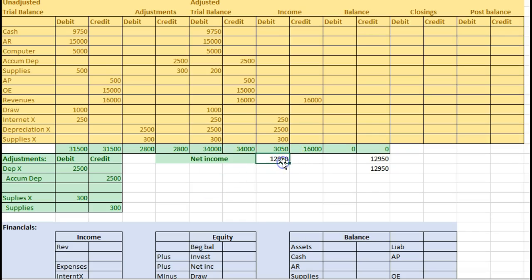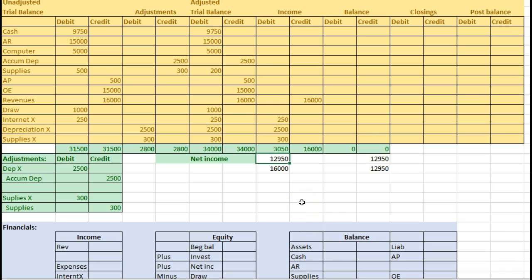This is our net income, and that should equal $16,000 if it is correct. Let me pull this here. Let's make sure we're correct. Oh, it does. So now we balance here, and we have net income.